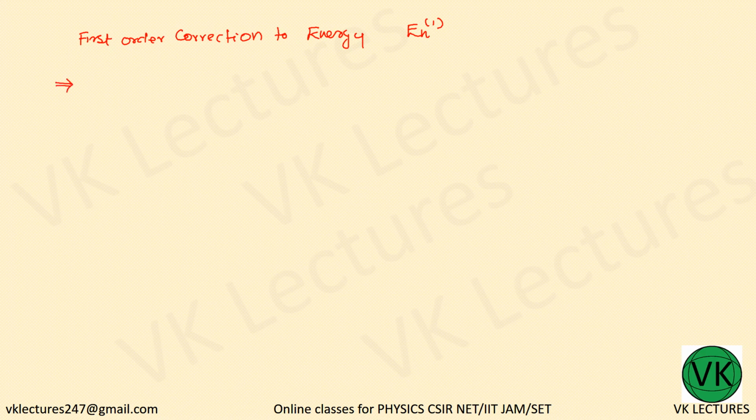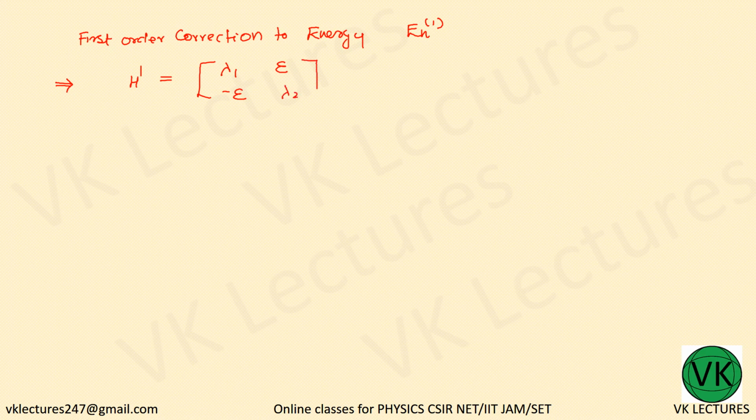Now we know H dash, we have to take it from the first order Hamiltonian correction, that is lambda 1, E, E and lambda 2.